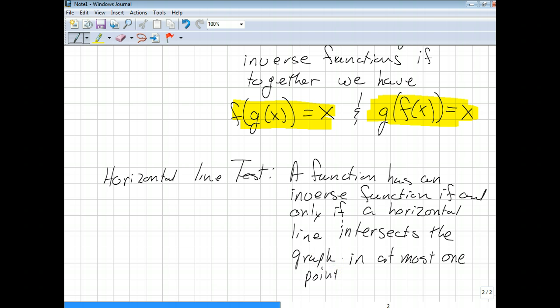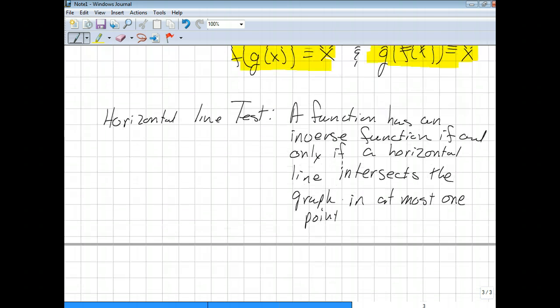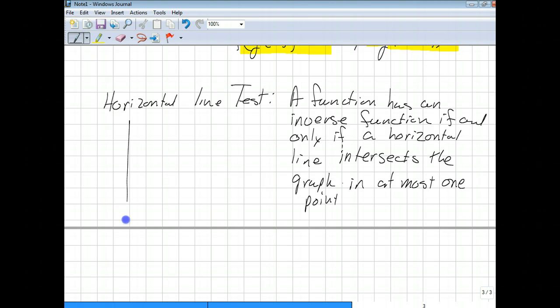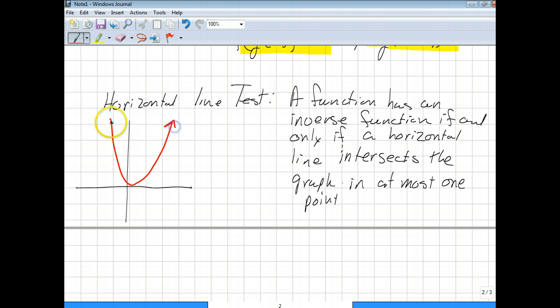So if I had a function whose graph was, say, a parabola, would that function have an inverse? No, because it fails the horizontal line test. If I draw a horizontal line, it meets the graph in 2 spots.